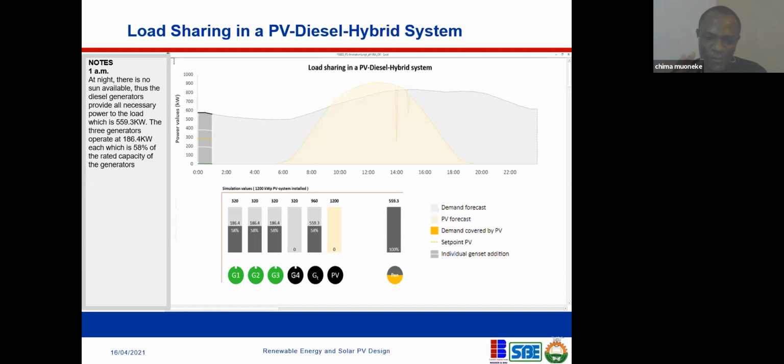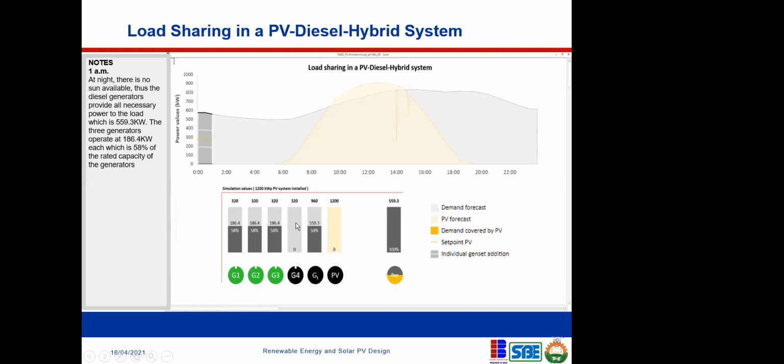We have 4 generators installed, but not all 4 of them are running. The reason we have 4 is that, depending on our load, a certain number of generators will come on. There will come a time when we have only 2 generators operating. So at 1 a.m., we only have 3 generators running. 1 of them is idle. Is that clear?